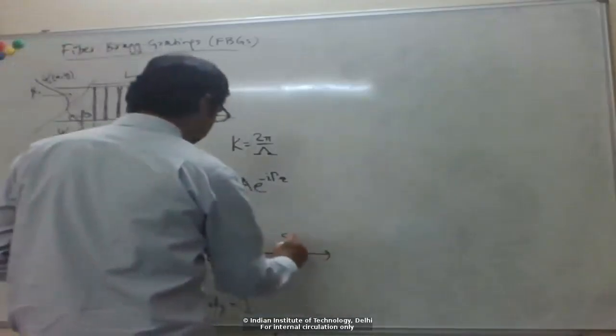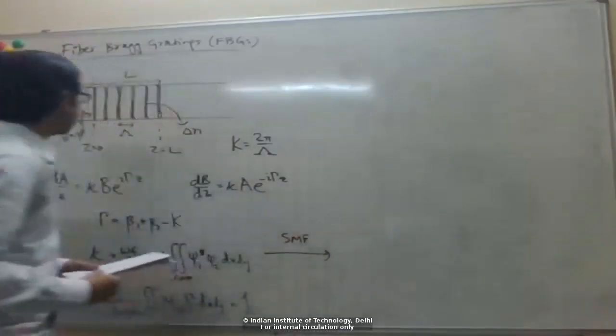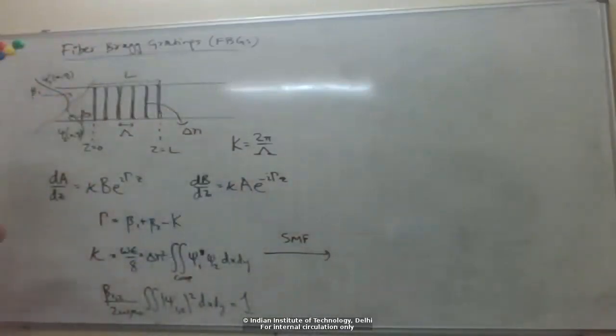and single mode fiber means there is only one mode, like the lowest LP01 mode. Which means both these are the lowest order LP01 modes. So actually psi1 is equal to psi2.